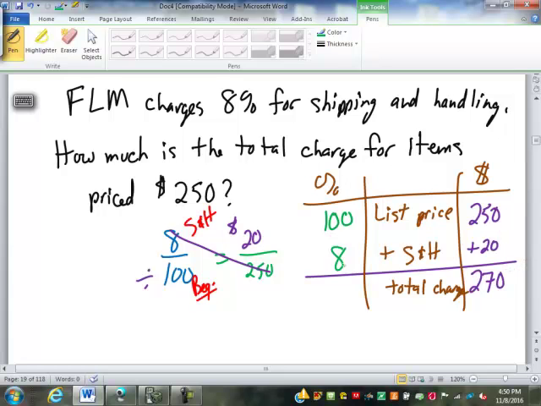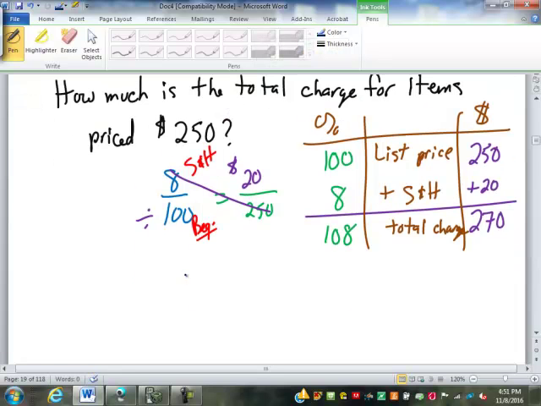Is it going to be 100 minus 8? No, because the shipping and handling is not subtracted. It's not a discount. It's a markup. It's an add-on. So it's 100 plus 8. What we pay, our total charge is 108%. So what we could have done here was we could have found 108% of the $250.